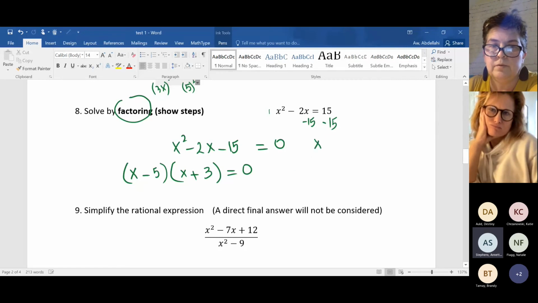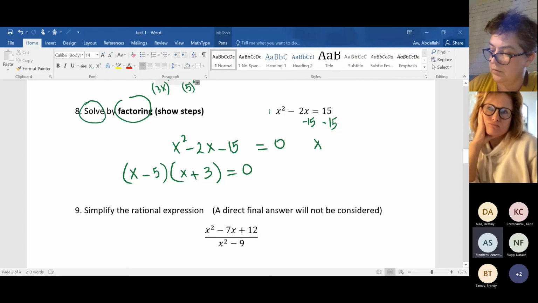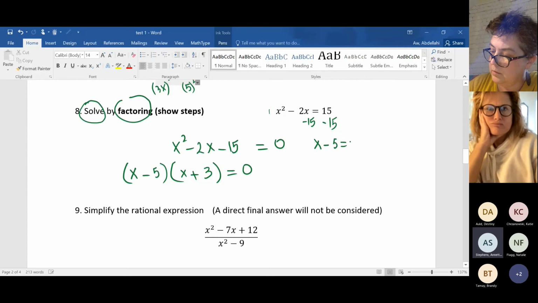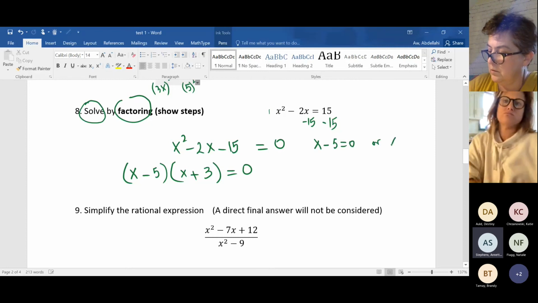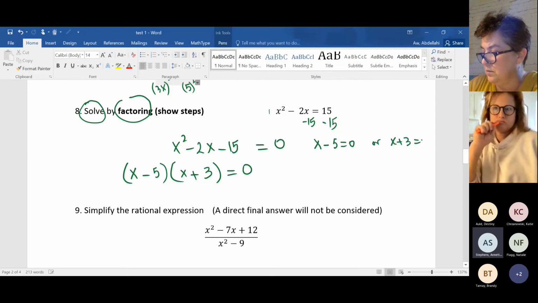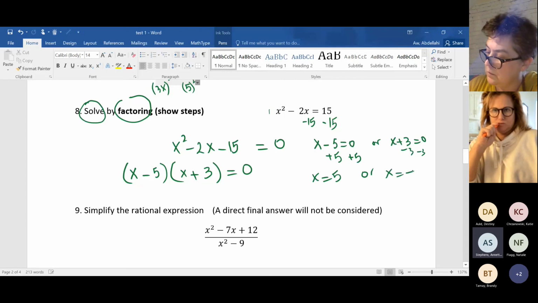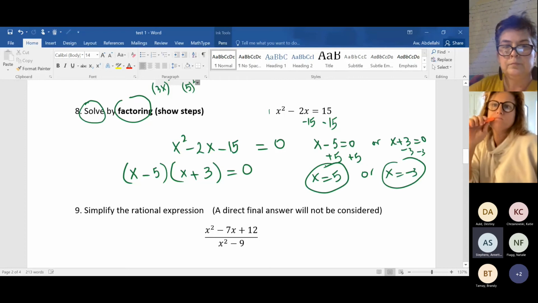Exactly, you have to set each one, because now we say solve. When we say solve, you are only done when you get x equal. You get x minus 5 equals 0, or x plus 3 equals 0. So we add 5, so we get x equals 5, or x equals negative 3. And now we are done. Okay?